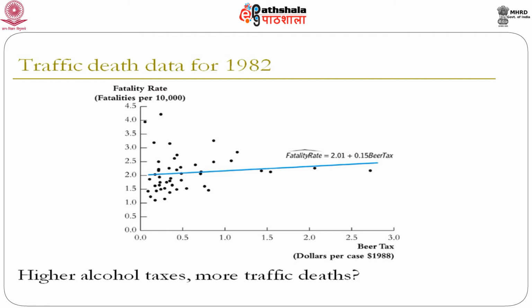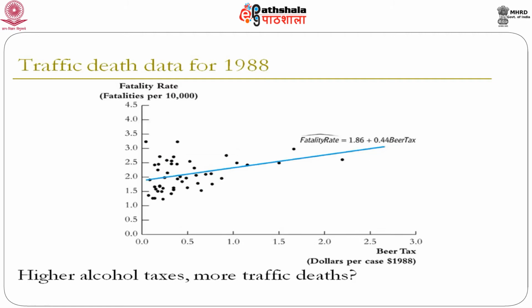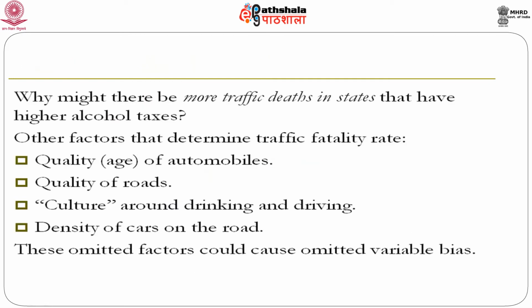You find that the higher the alcohol taxes, the more the traffic deaths. Can we conclude this? You can visualize two pictures, one for 1982 and the other for 1988. So, you can ask the following question: why might there be more traffic deaths in states that have higher alcohol taxes?